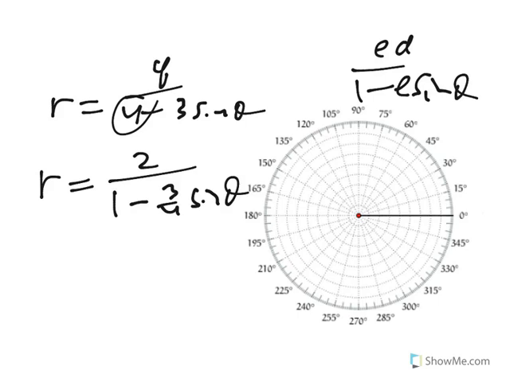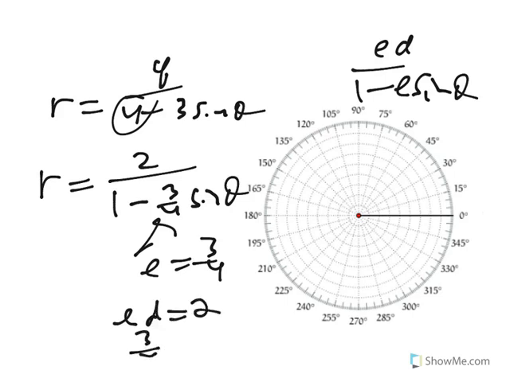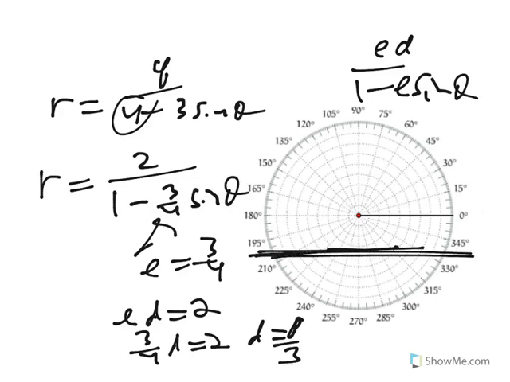And now we can see that E is 3/4 and ED is equal to 2, so 3/4 times D equals 2, or D equals 8 over 3. So that means I'm down here at almost negative 3. We also know, because eccentricity is less than 1, this is an ellipse.